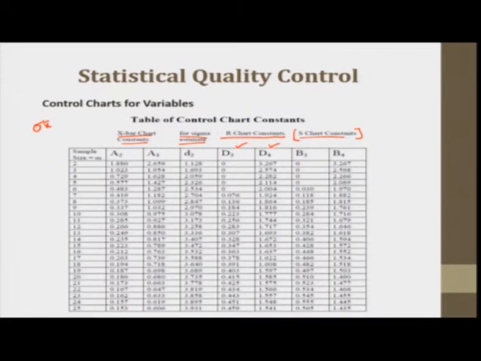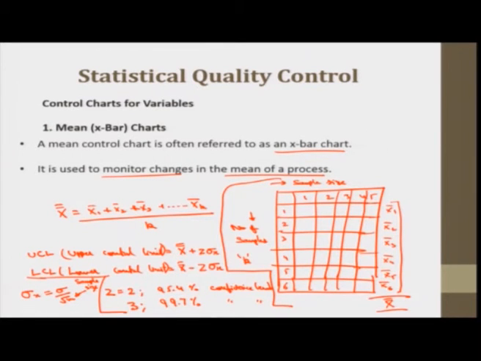In this case I would like to put another formula, a quick formula for the x bar chart. The upper control limit and lower control limit can be calculated using the constants which were tabulated.